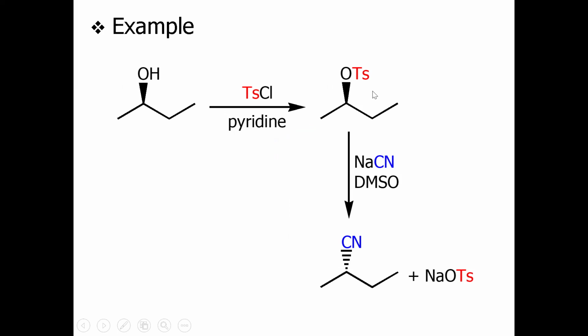If it is R, then we have the R configuration of the protected alcohol as well. When this is treated with a nucleophile, like in this case the cyanide, this step is a crucial step in which the configuration will change. The R is converted into the S configuration.